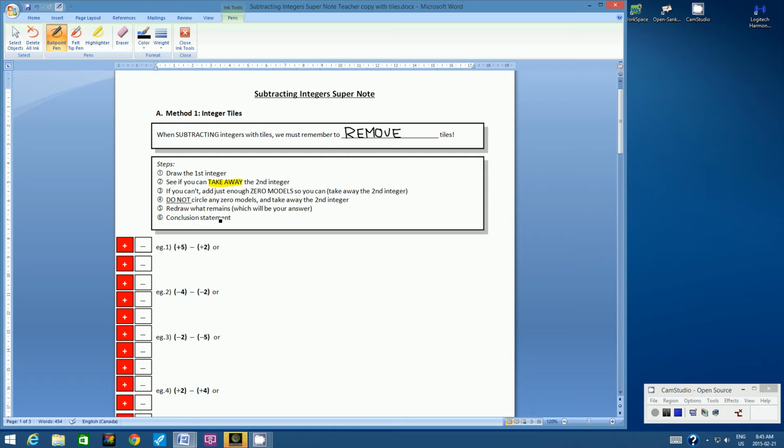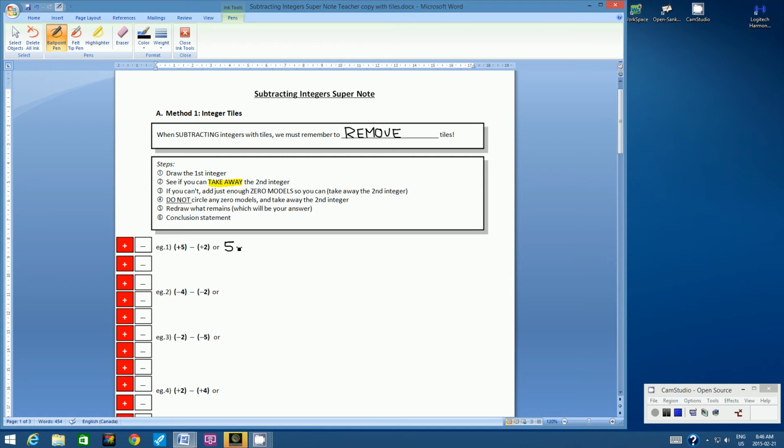Make sure you've got a pile of positive tiles and a pile of negative tiles. Let's start with question 1, example 1. Positive 5, subtract positive 2. So let's continue on with our study of writing questions in standard form. The first integer is positive 5. A positive integer, we can remove the brackets and the positive sign.